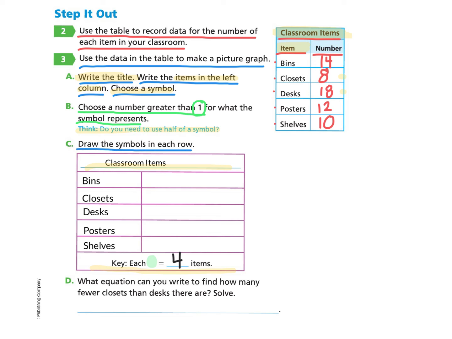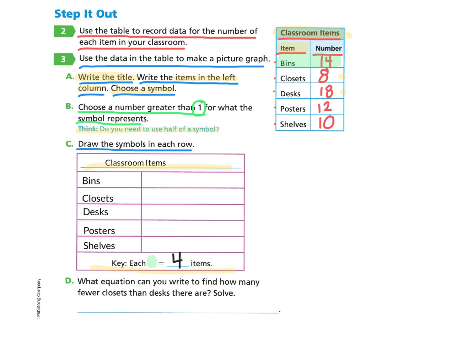So again, if you'd like to pause and try this on your own and come back, you may do so, or you can follow along with me. So the first one we start with is bins, and we see that with the bins there are 14 bins. So we are going to count by 4s. 4, 8, 12, 16. Oops, that goes over. So we have 3 symbols to draw, but that leaves us with 12.